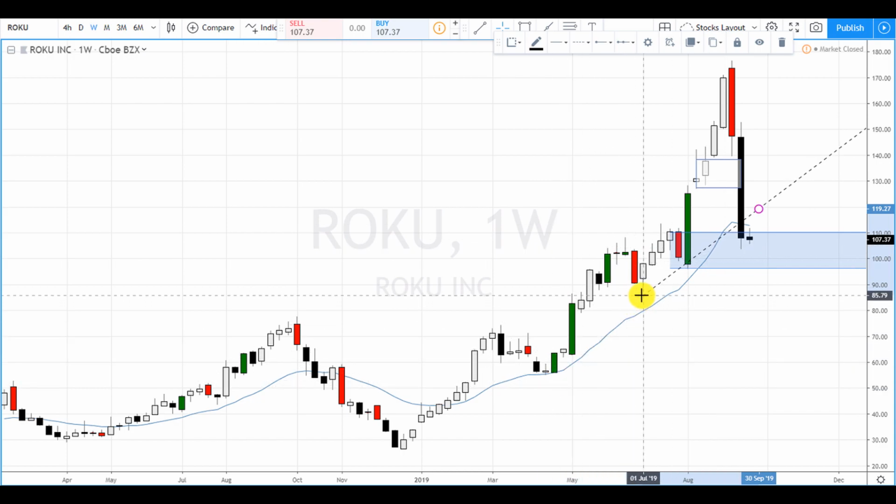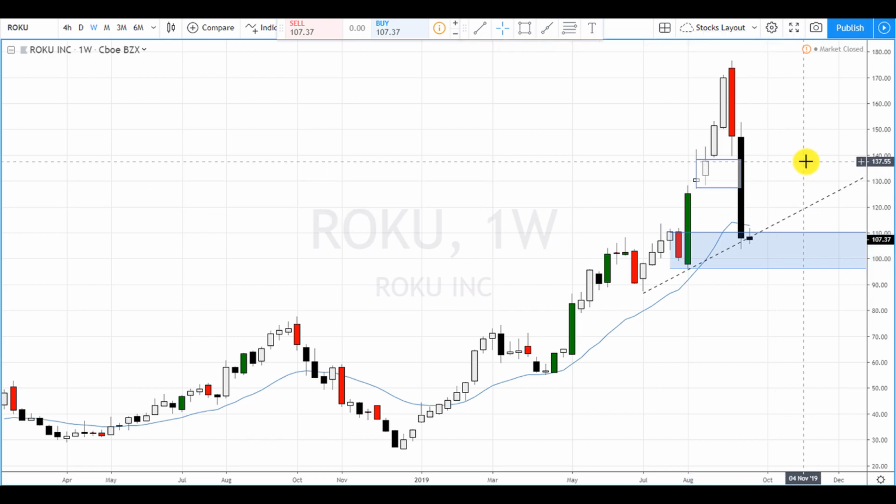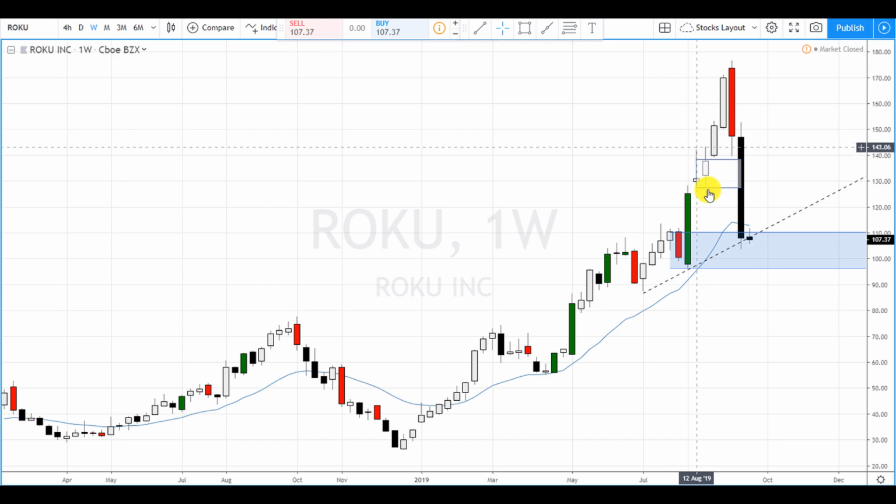Actually, like this. Okay, yeah, so technically this is still in an uptrend because the trend line is still going up, even though one area of demand is removed. It still hasn't broke the trend yet, so I would say that this is an uptrend.